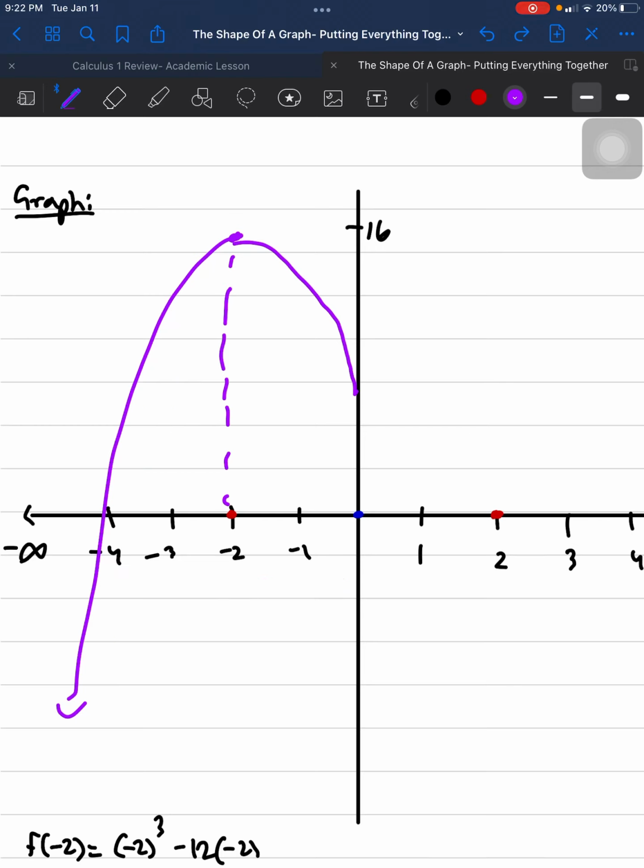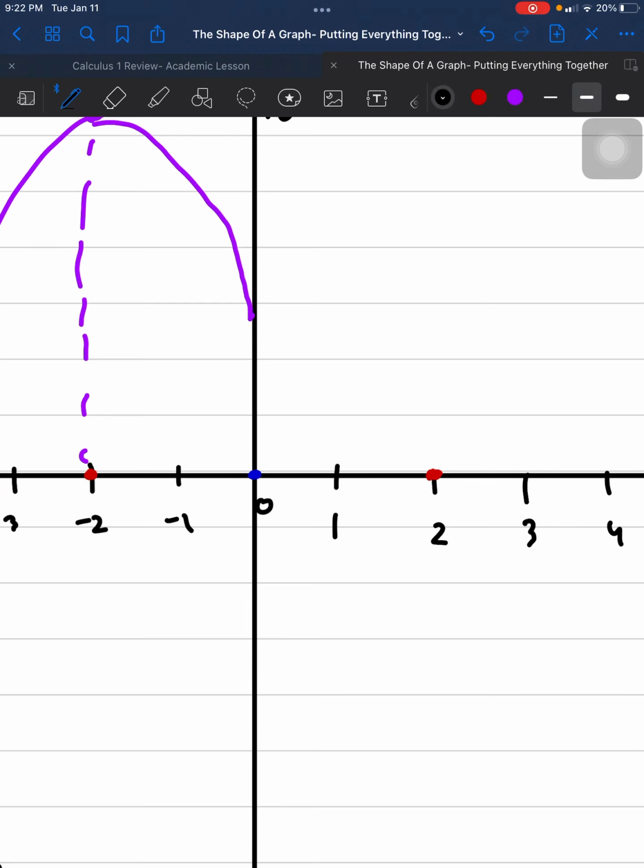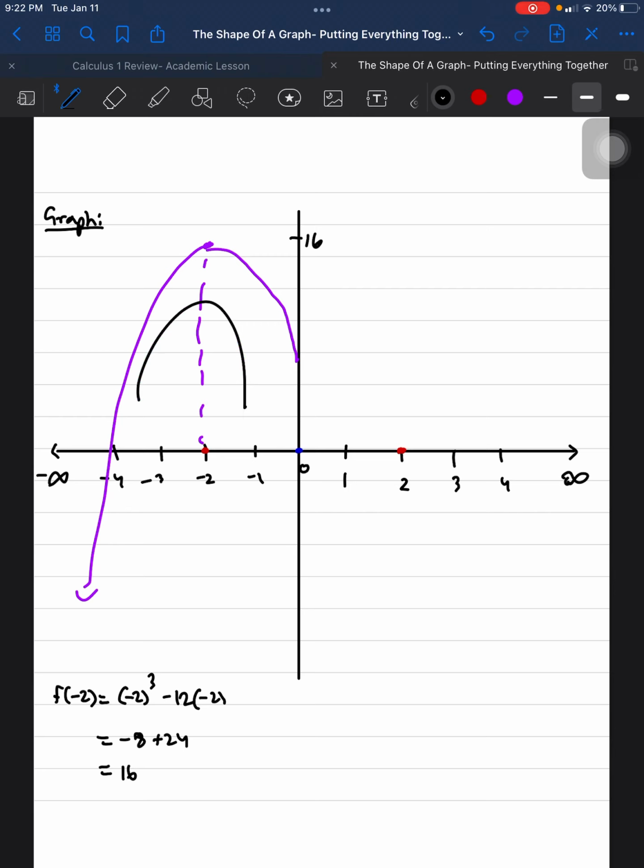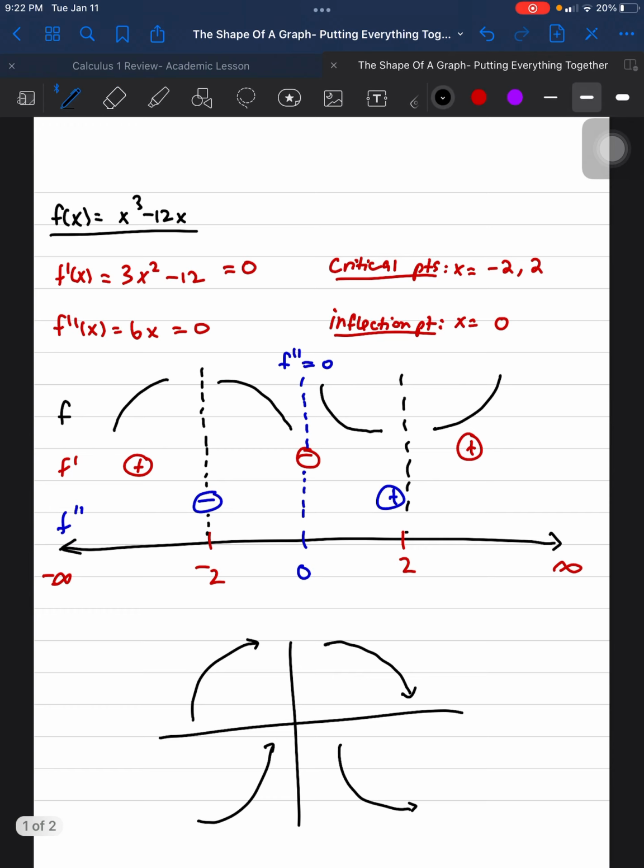Now the next step is looking at the next subregion. We know that 0 is going to be the inflection point where the concavity changes. So it's going to change from this concave down figure to something that looks like a concave up figure. Let's see what happens when we add in the next subregion.